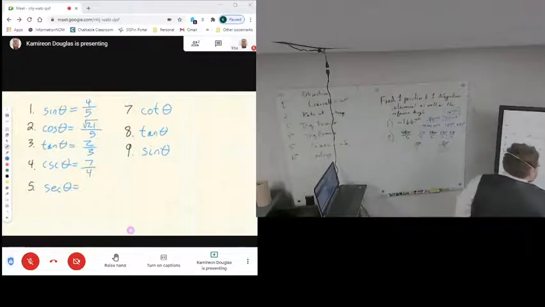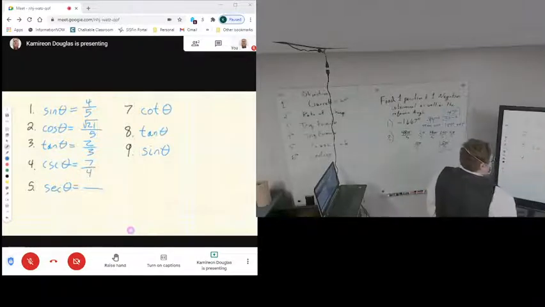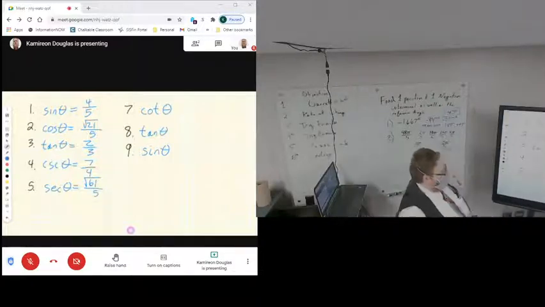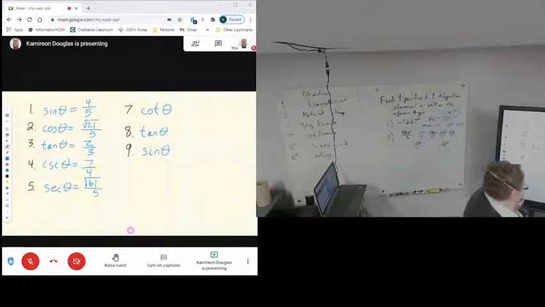Let's see, secant. Square root of 61 over 5. Cotangent. This one. 5 over 13.